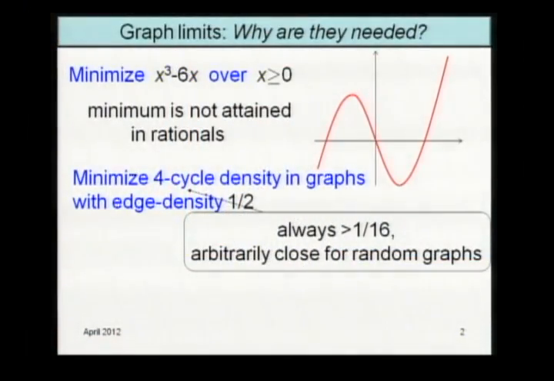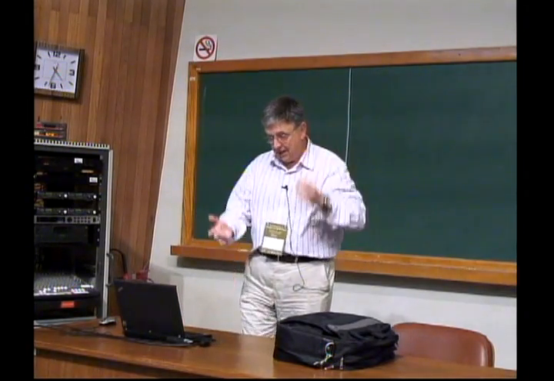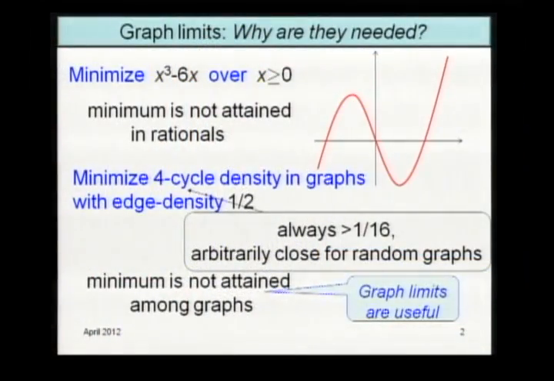These are easy computations, and the larger n is, the closer these numbers get to this target. So it's a similar situation: a minimization problem where the optimum is not attained, but we can approximate it arbitrarily well. It's not attained among graphs, and that's one of the reasons why graph limits are useful.